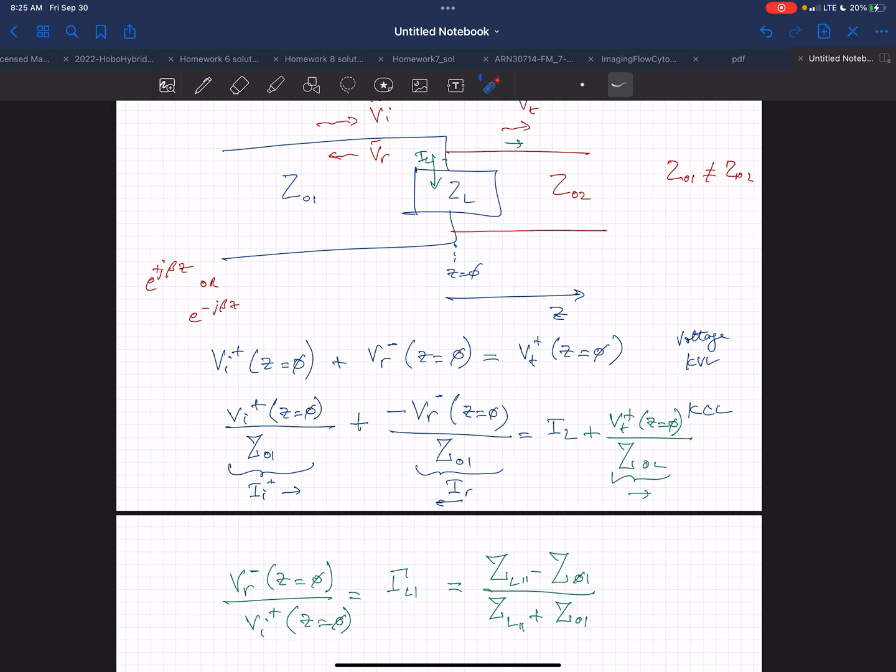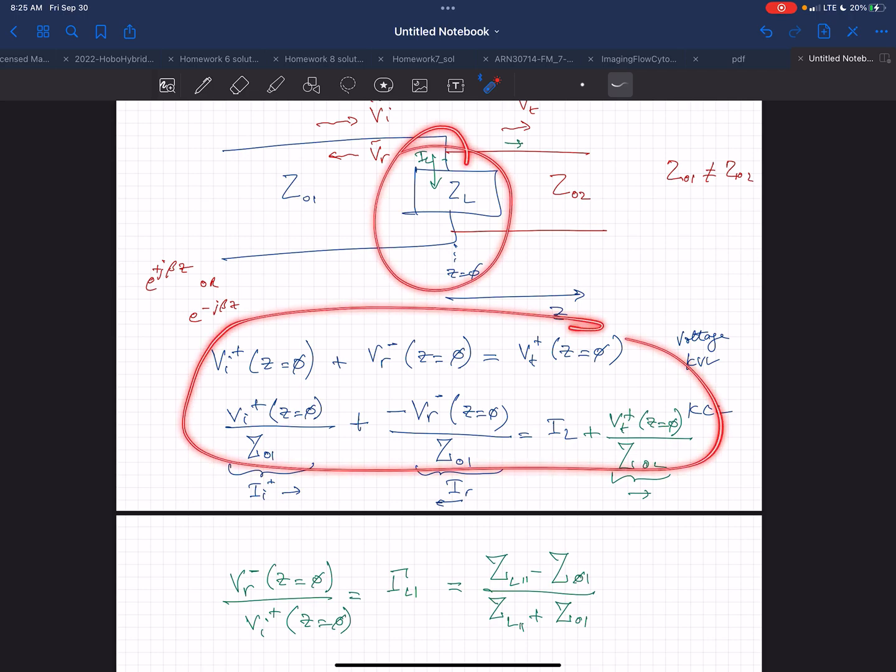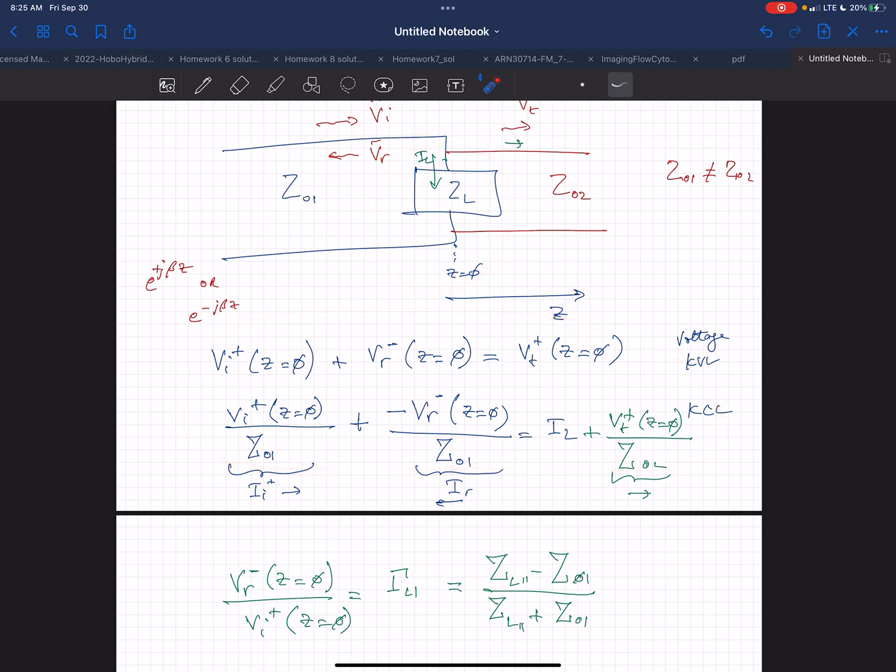So the whole point of calling this endpoint z equal to 0 is to make life easy for us when we're doing the analysis at z equal to 0. So I'm plugging in z equal to 0 for all these things. Otherwise, I would have to keep track of all these phases and all that stuff. Does that make sense for you guys?